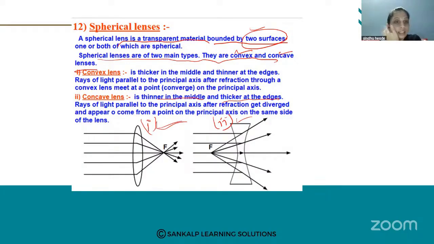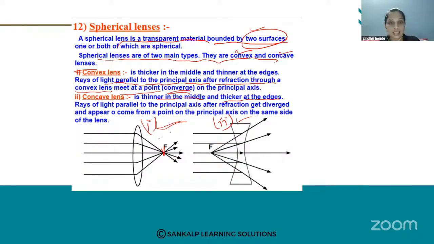Here the rays of light parallel to the principal axis, after refraction through a convex lens, meet at a point, or what we call converge at a point on the principal axis.